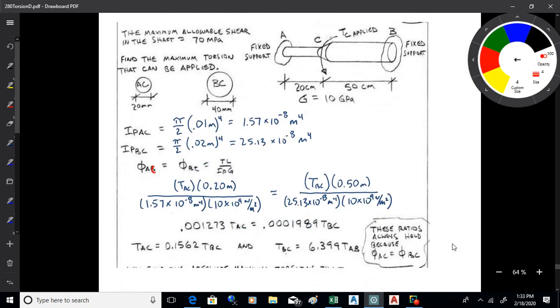So given that, we can set up that ratio. The torsion from A to C times 0.2, which is its length, over I over G, is equal to the torsion in BC times its length divided by its I divided by its G.